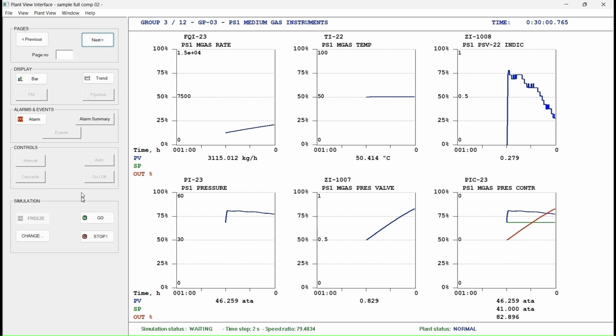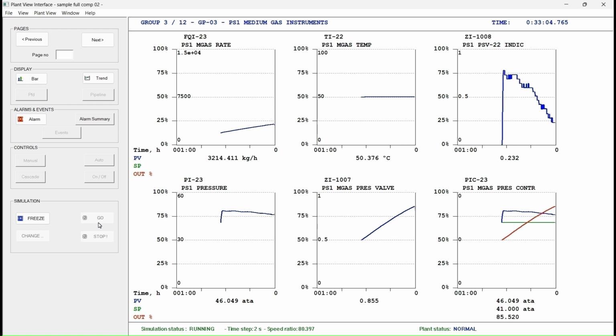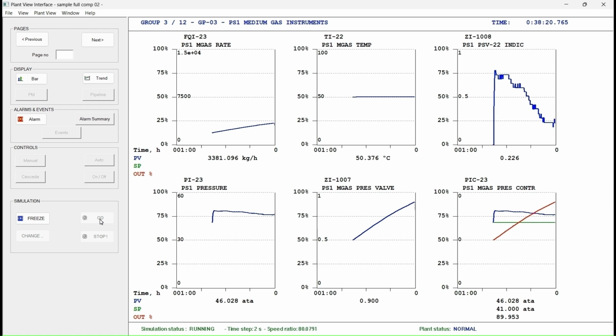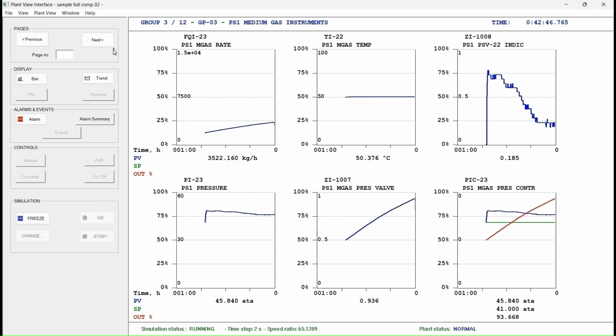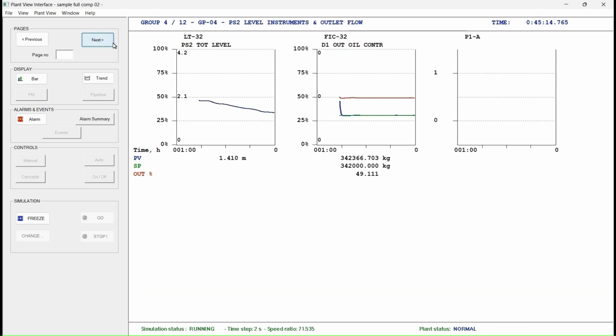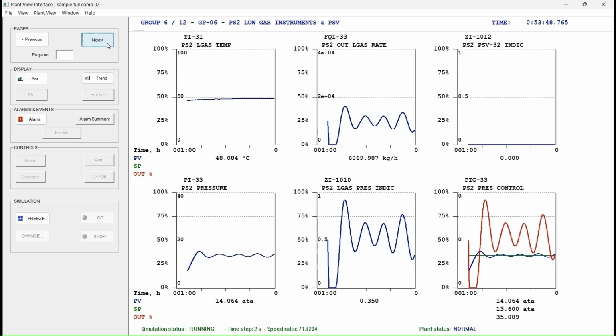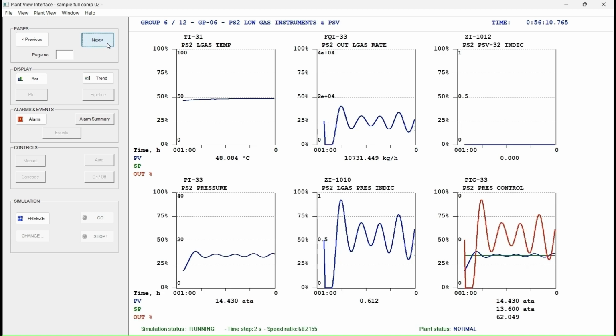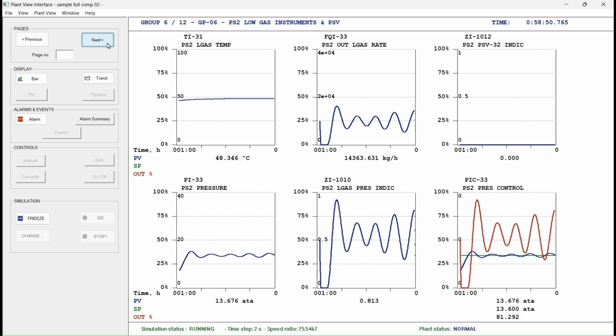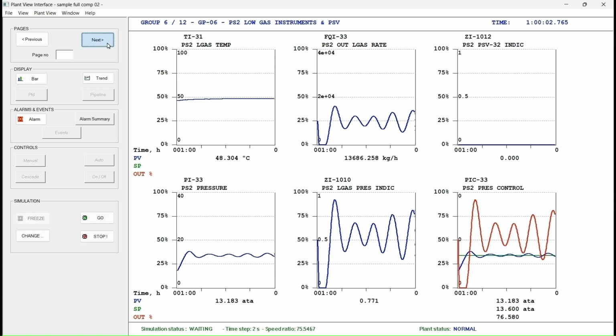The calculation waits when a time of 30 minutes is reached but is immediately restarted. Trend diagrams are browsed sequentially. At a time of 1 hour, the simulation waits, letting the user browse some instrument pages.